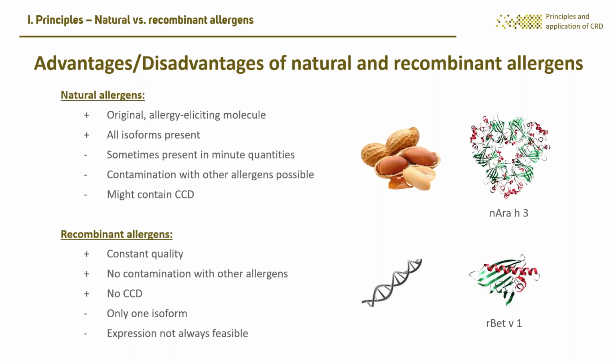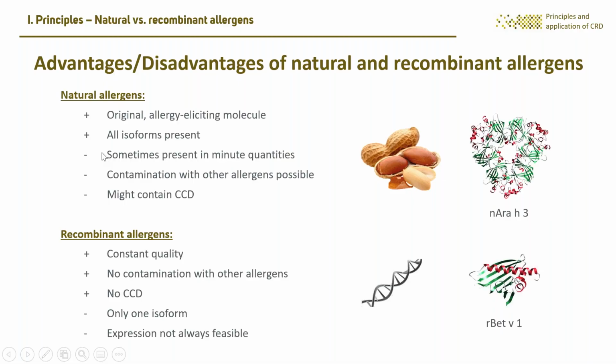These are different variants of essentially the same protein. They are mostly identical, but they have subtle differences. This becomes important if these differences represent epitopes. So this means that some isoforms could have epitopes which other isoforms don't have. So in such a case, it is crucial to have all isoforms which can bind IgE available for diagnosis.